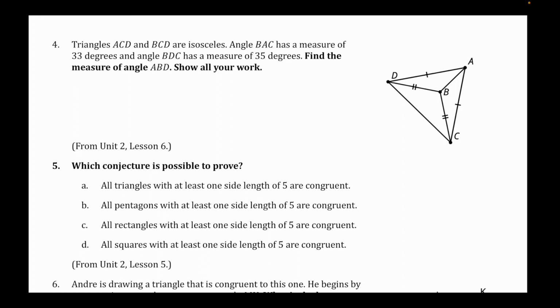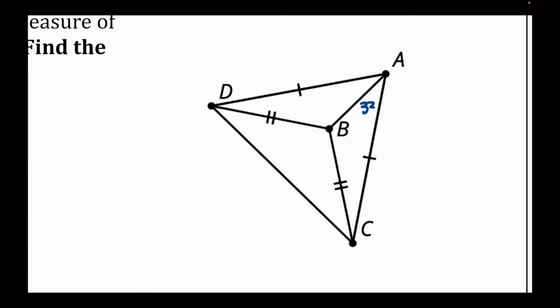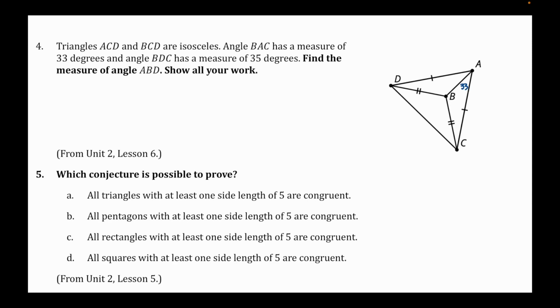BAC has a measure of 33. So again, they're giving us our top angle, 33. And they're giving us that BDC, this bottom angle, has a measure of 35. So we want to find ABD, which again is the interior angle right here.